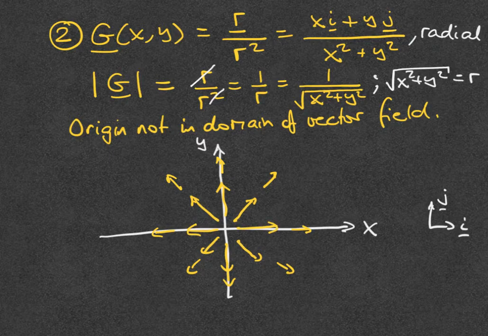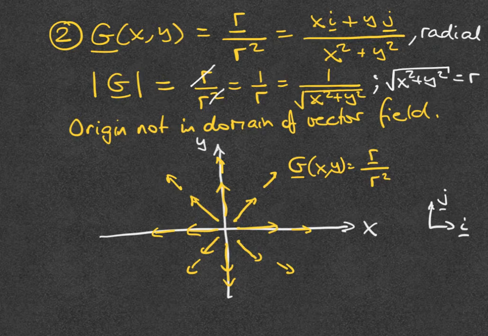And if I were to go further out again, I would draw another set of even smaller, shorter arrows, again pointing away from the origin. So that is roughly what our vector field, r, the position vector, divided by the square of its magnitude, looks like.